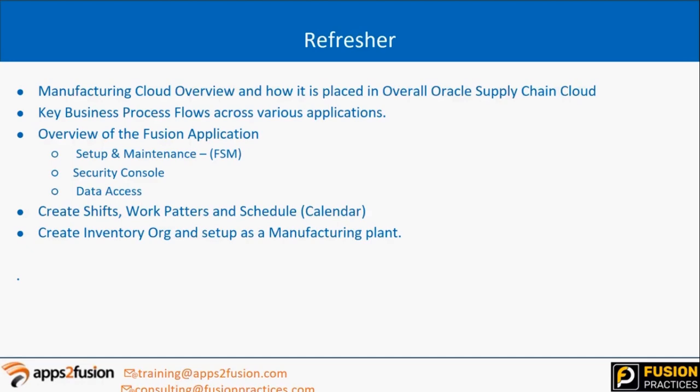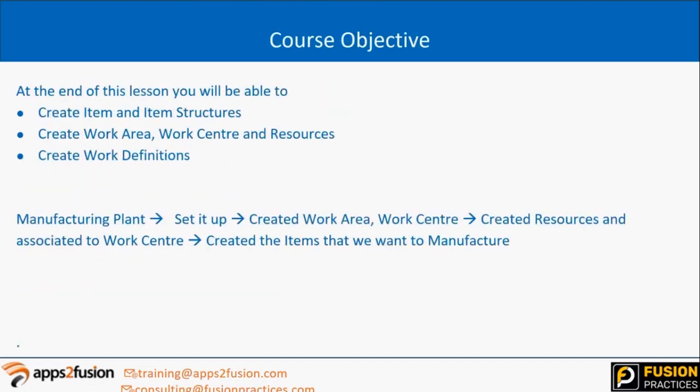We also saw how to create a calendar. To create a calendar, we need the shifts, the work pattern, and then the schedule or the calendar. We set up our own organization and used the calendar there. So today in this lesson, our objective is that you create your item structures, work areas and work definitions.